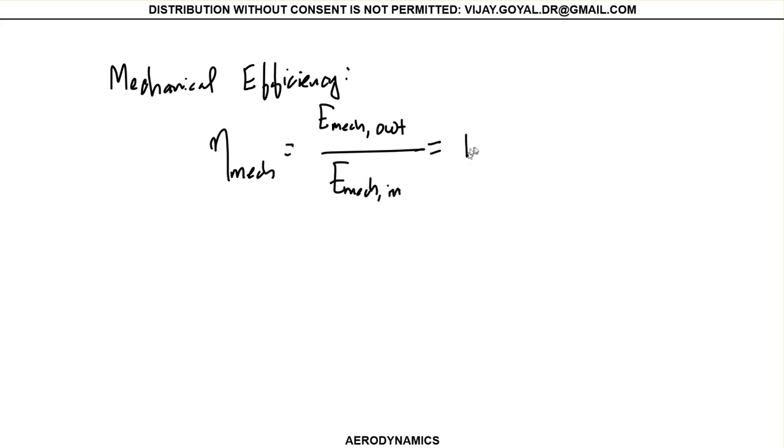Okay, or another way to write this is 1 minus E mechanical loss divided by E mechanical in. Okay, this is how you define the pump. And this is a ratio that is typically less than 1, and has to be at least less than 1. Okay, so this kind of gives you an idea how this works.